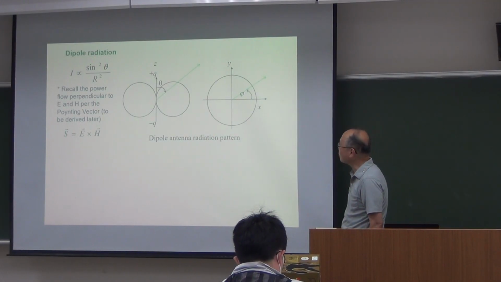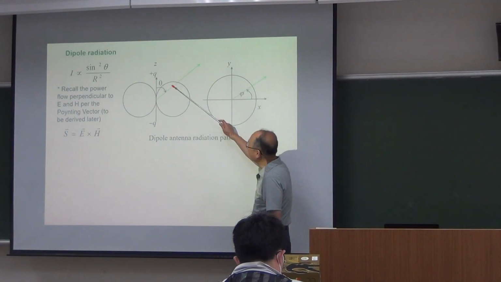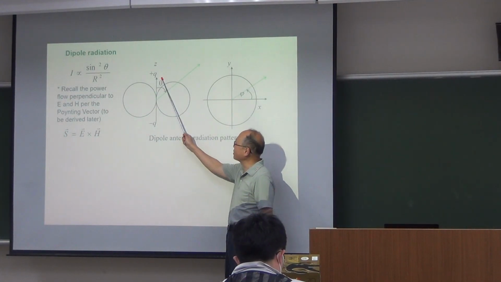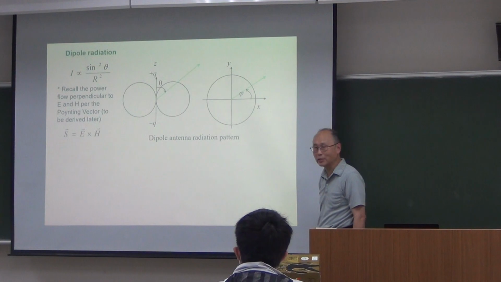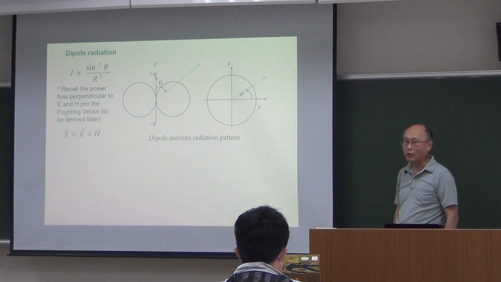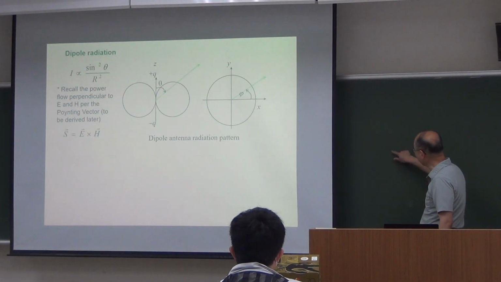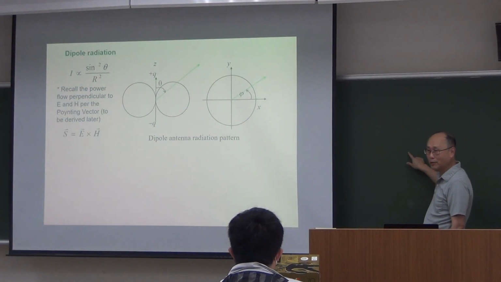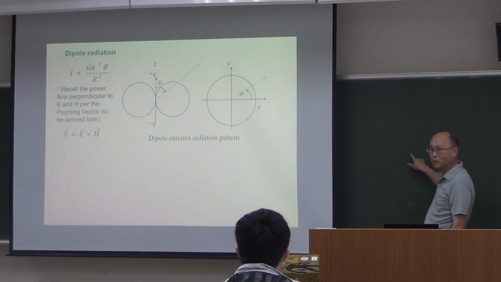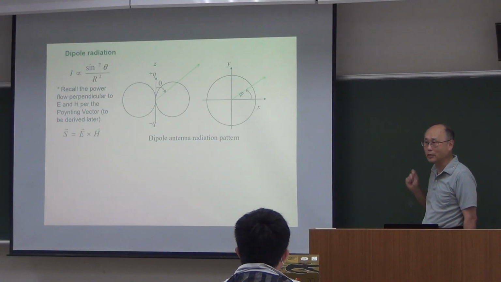Okay, a dipole by definition is two opposite charges separated by a distance. We call this an electric dipole. And a magnetic dipole is different. It's some sort of current going around some small area. We call that a magnetic dipole. But usually we look into the electric dipole.